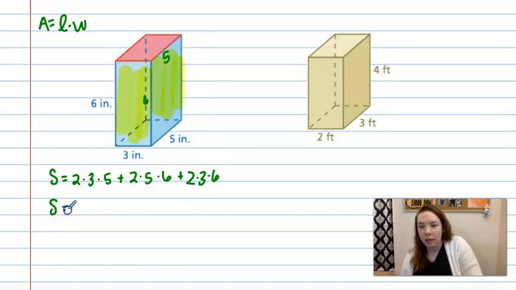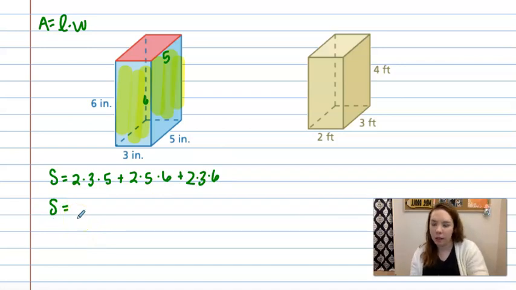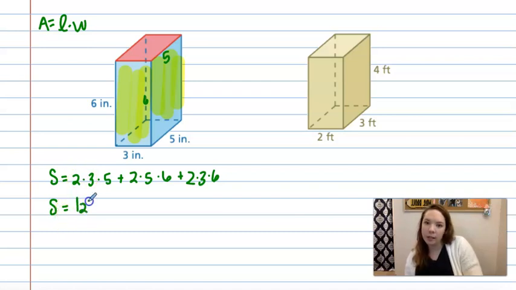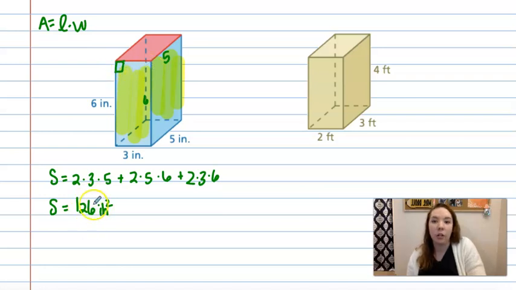So if I add these all together, I'm just going to type the whole string into my calculator. It's 126 square inches. Okay, and it's square inches because it's like we're covering these in little 1 by 1 inch squares. We would need 126 of these little 1 by 1 inch squares to cover this rectangular prism.